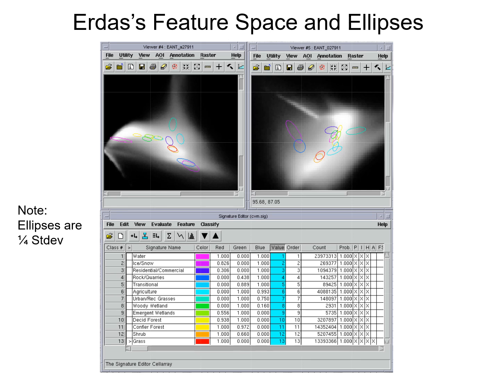There are 13 that we found within the scene of interest, and where they lay out and how they overlap. Note, these are quarter standard deviation ellipses. So we're looking at just where the very core pixels are.